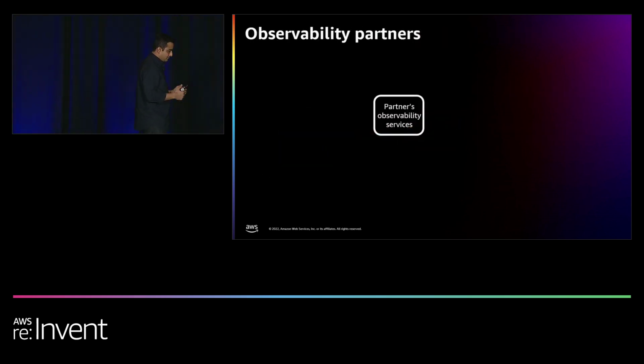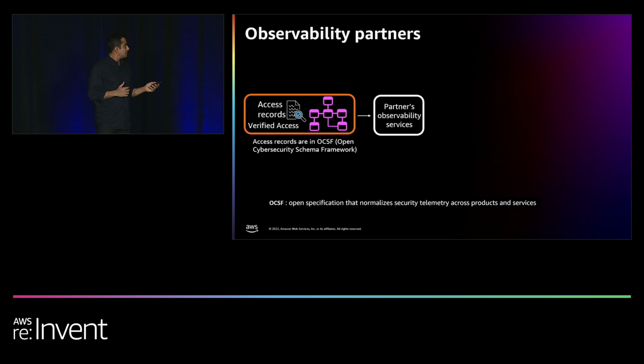So let's talk about the observability partners. They already have a service. Now what we are doing is putting all our logs in a standard schema called OCSF, which we released in August in collaboration with industry partners. The problem is how do you store the logs in a standard way, and how can the partners consume the logs and give you richer analytics, AI/ML-based analytics.